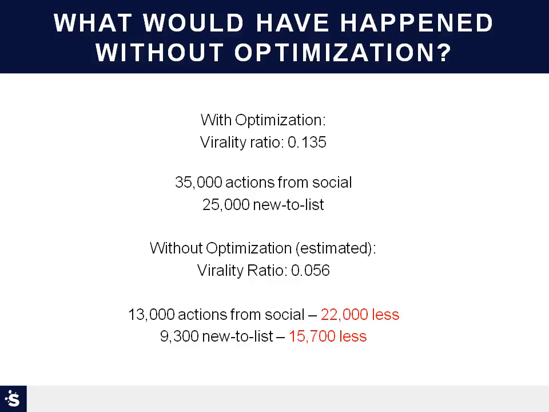And that would have meant they would have gotten 22,000 fewer people signing the petition and 15,000 fewer new people recruited through that campaign. So spending effort and time to have that improved viral process made a big, big difference as far as how successful this campaign was for them.